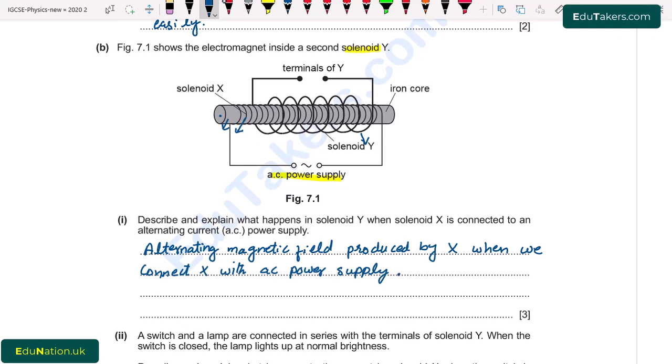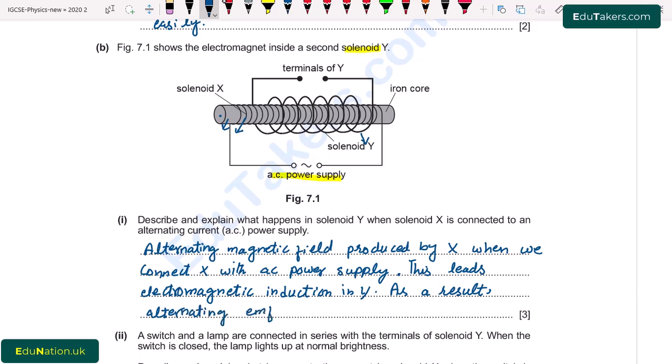This leads to electromagnetic induction in Y. As a result, alternating EMF is produced in Y.